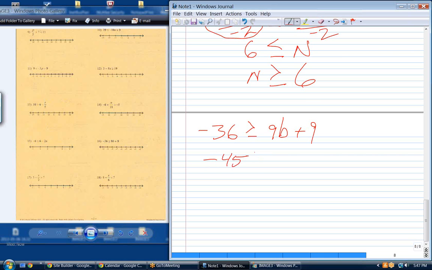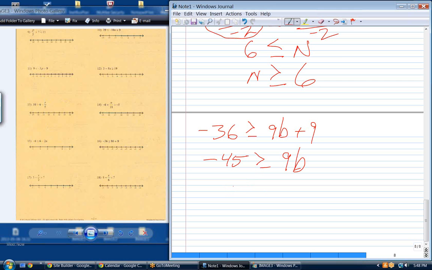That's all right. I was going to write 45 anyway. Is greater than or equal to 9b. Right. Now notice this time there was no negative sign in front of the 9. Okay. And now what?